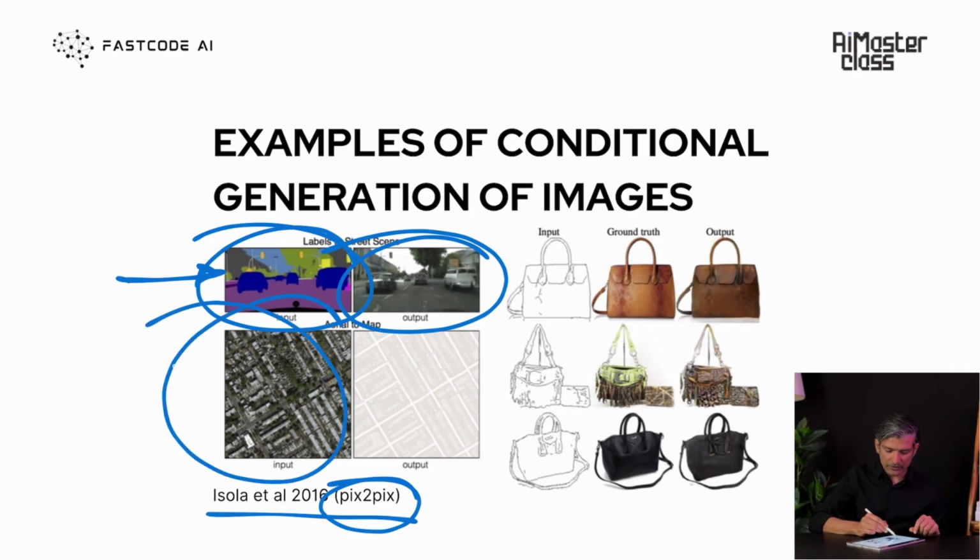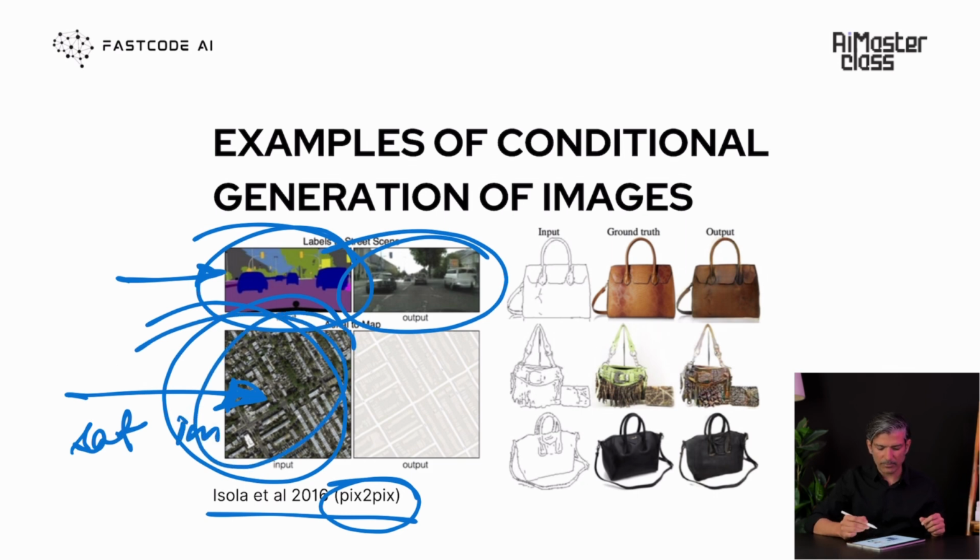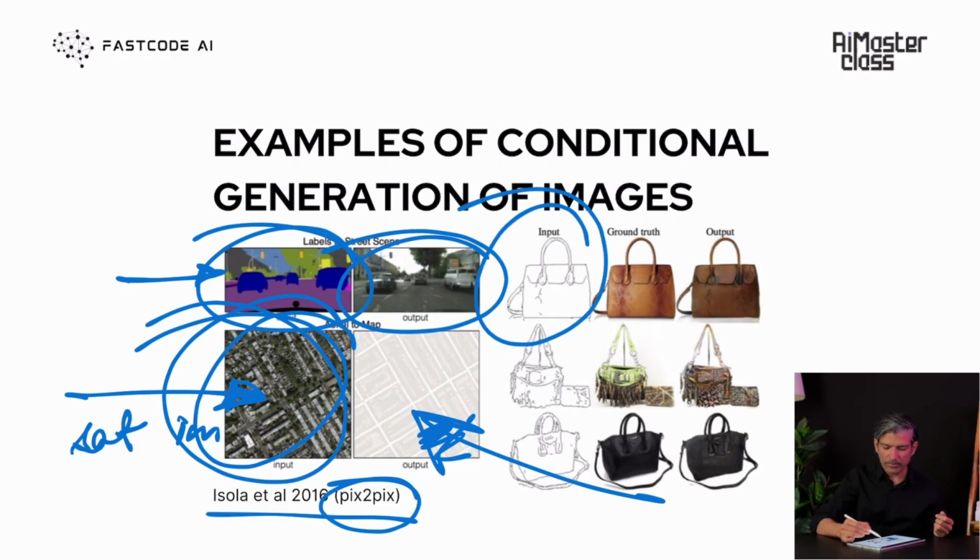Similarly, given the condition of a satellite image of, let's say, a neighborhood of a part of a town, we're able to generate these clean satellite looking images with roads and so on. Similarly, given a sketch of an input bag, it is able to generate the output such as this one, and this is the ground truth.